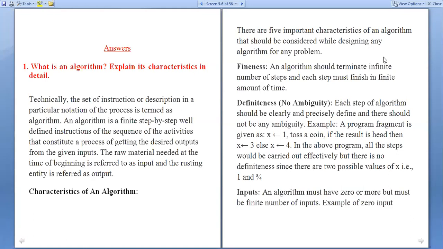First, finiteness. An algorithm should terminate in a finite number of steps, and each step must finish in a finite amount of time. Within those steps, the algorithm should terminate.